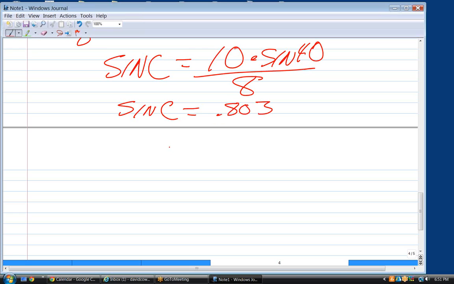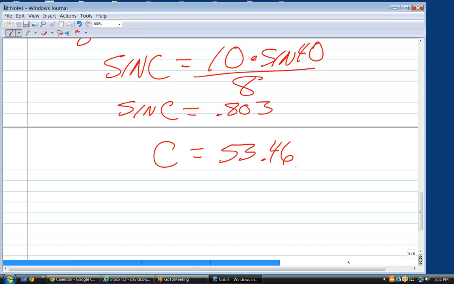Now, how do I get c? You do the inverse. Okay, what do you get for that? Inverse... 53.46. Okay, now here's where you check for the ambiguous case.